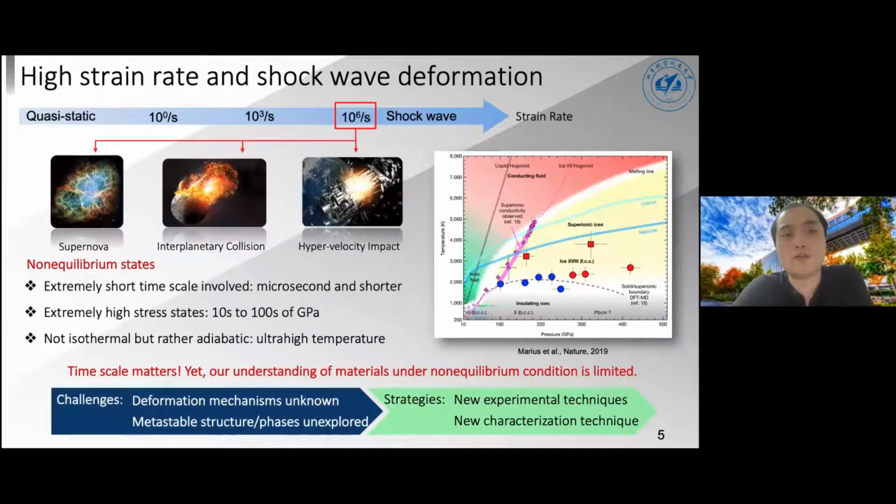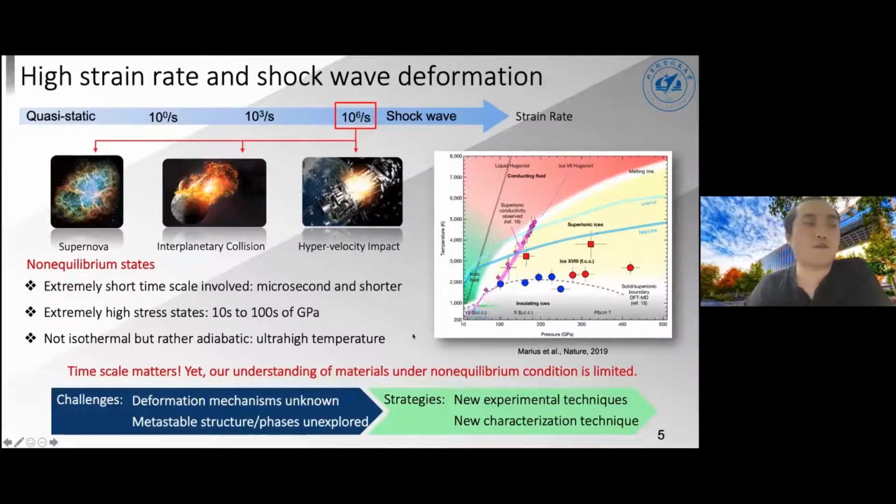Now, if we hit the material hard enough and fast enough, we may create supersonic states, corresponding to a shock wave, typically at a strain rate of about 10 to the power 6 per second. And of course, this corresponds to extremely non-equilibrium states, and usually it is associated with extremely high temperature, pressure, and of course, everything happens within an extremely short period of time.